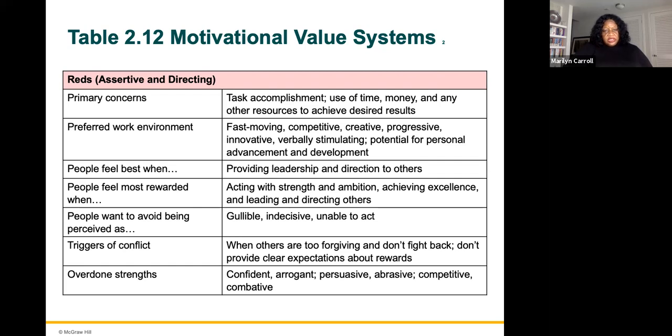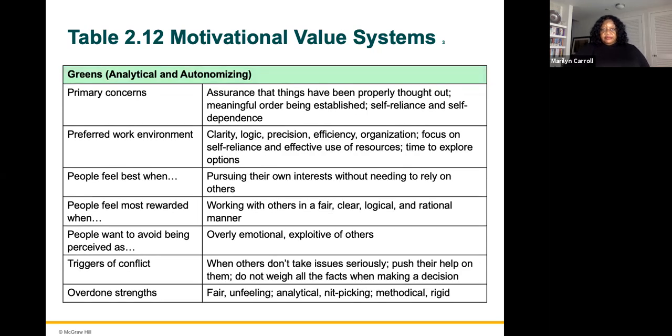People in this area want to avoid being perceived as gullible, indecisive, unable to act, and triggers of conflict are when others are too forgiving and don't fight back, and don't provide clear expectations about rewards. And the overdone strength of red is confident, arrogant, persuasive, abrasive, competitive, and combative. Now let's look at the green, and these are more analytical people.